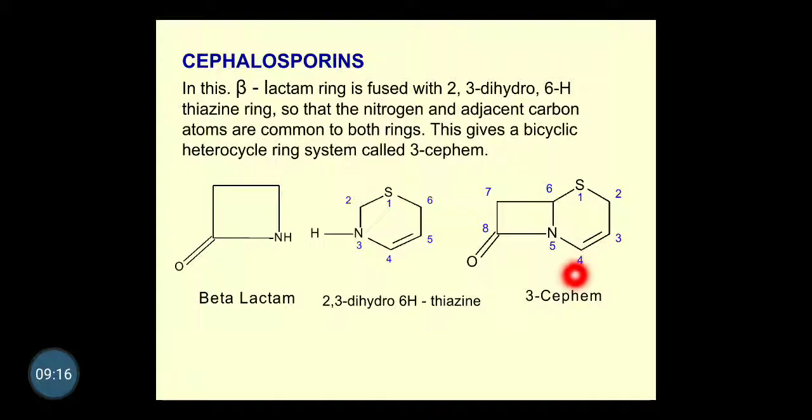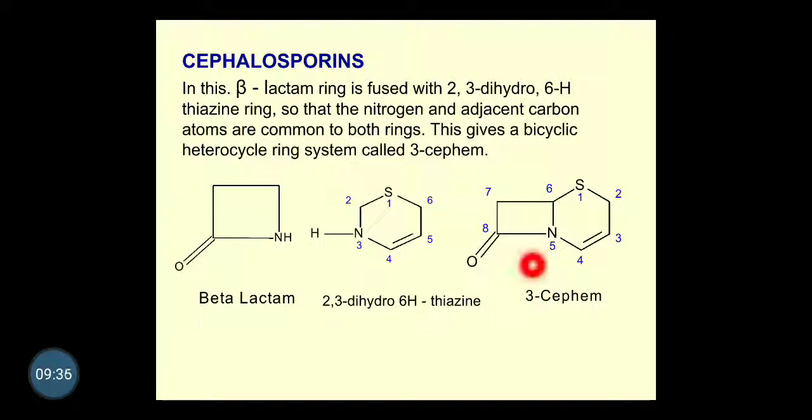So cepham becomes cephem due to the double bond, and the double bond lies between 3 and 4, that's why we call it 3-cephem. This entire heterocyclic ring, 3-cephem, is commonly present in all cephalosporin types of antibiotics. So 3-cephem, you got clear.